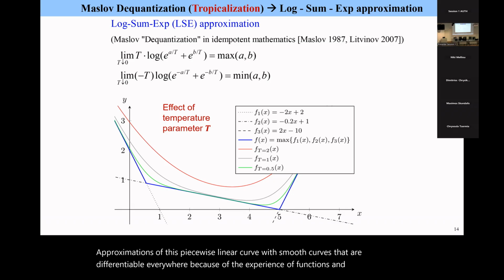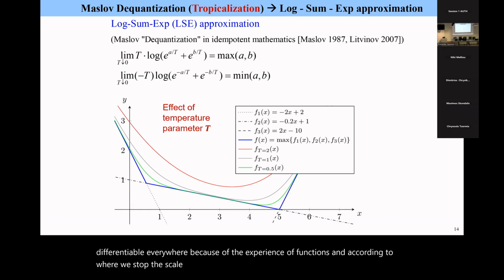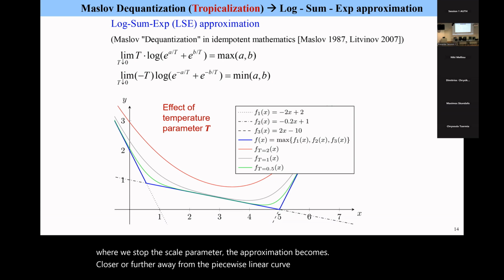According to where we stop the scale parameter, the approximation becomes closer or further away from the piecewise linear curve. So this is the dequantization I have been talking about.